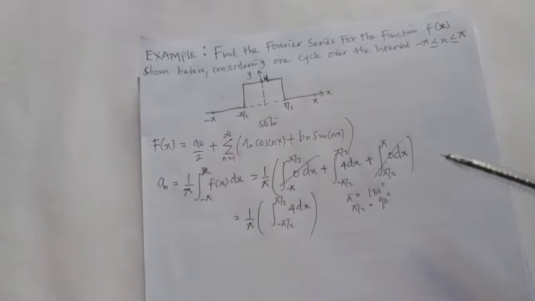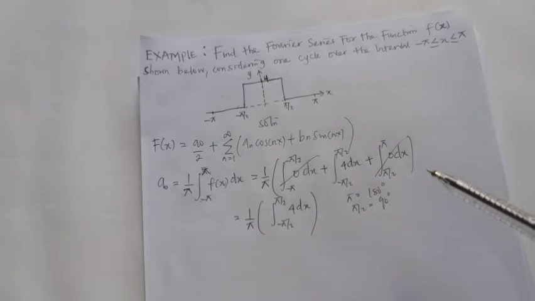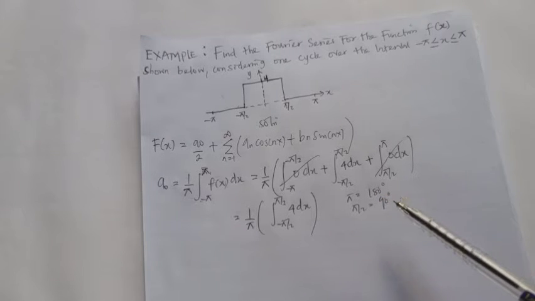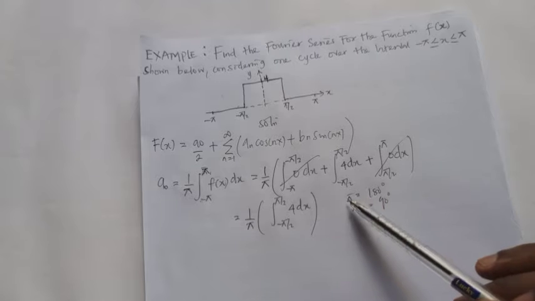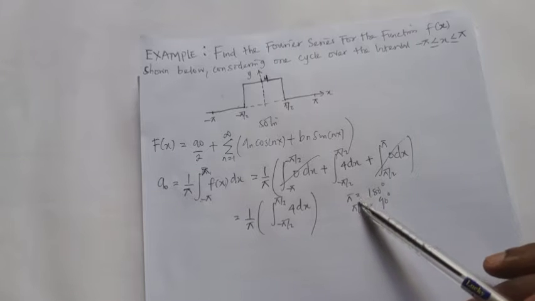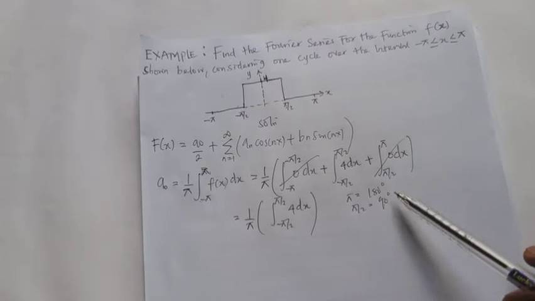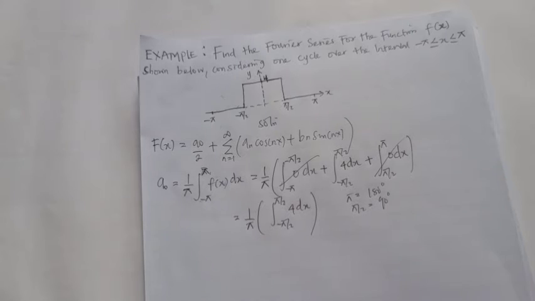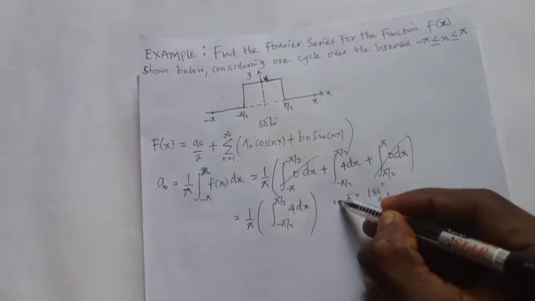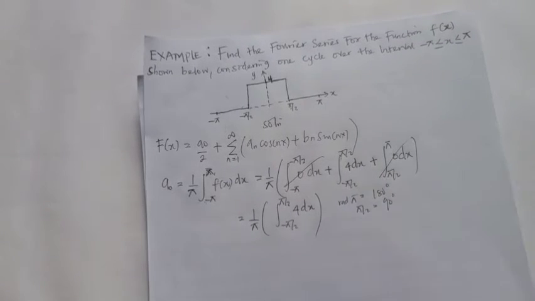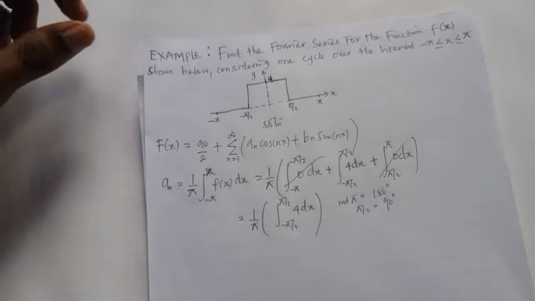So in your calculator, anytime you want to input the values of your pi in a sine function or in a cosine function, or any trig function, you are going to make use of pi as either pi or 180 degrees. But you have to indicate in your calculator if you are dealing in radians or in degrees. This pi is in radians, while this one is in degrees. So you are going to input it in your calculator.